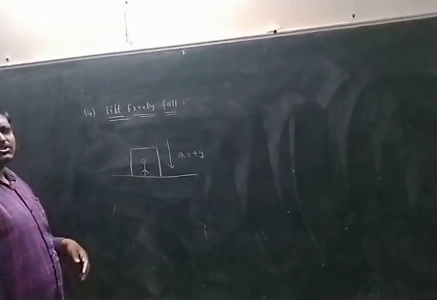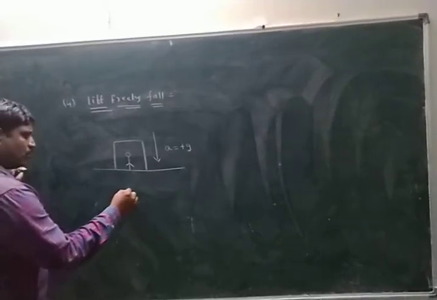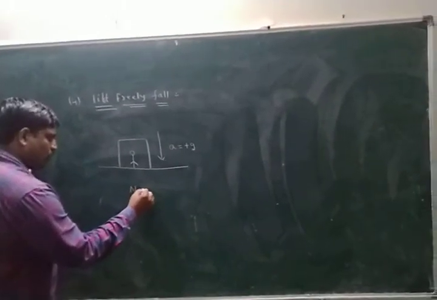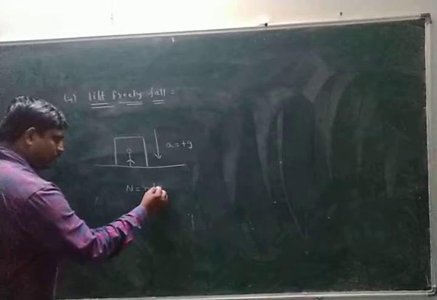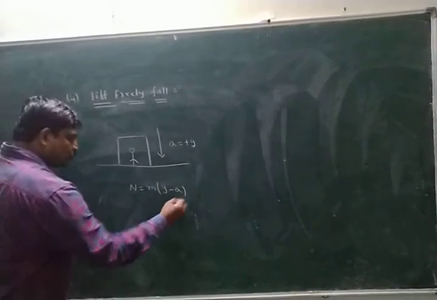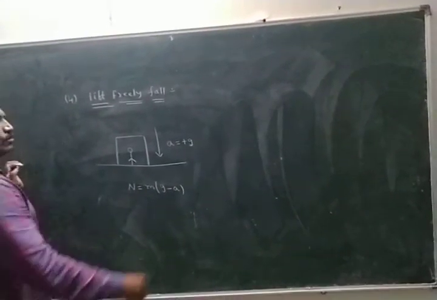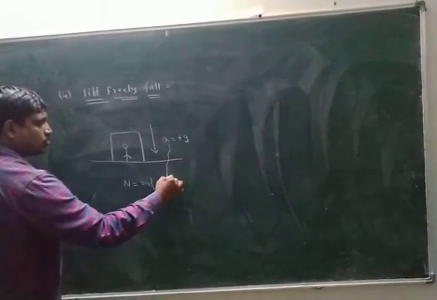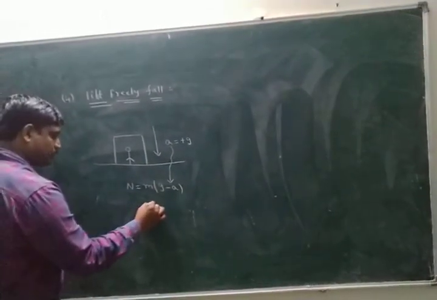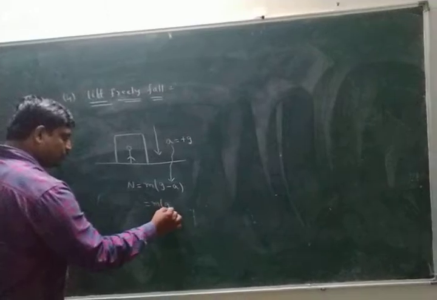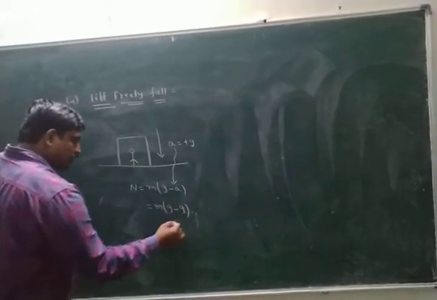In the previous situation, case 3, lift is moving downward. What is the formula for apparent weight? m into (g minus a). But according to this condition, substitute the a value: m into (g minus g).